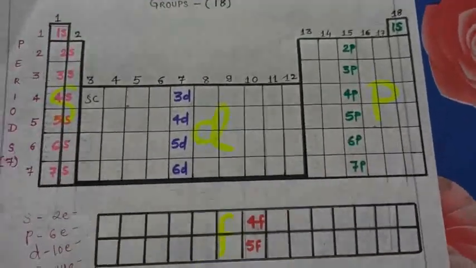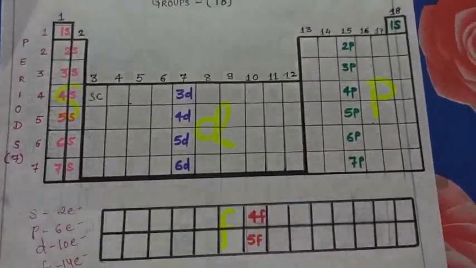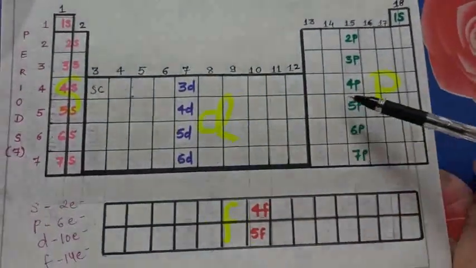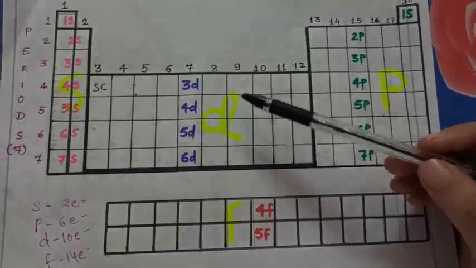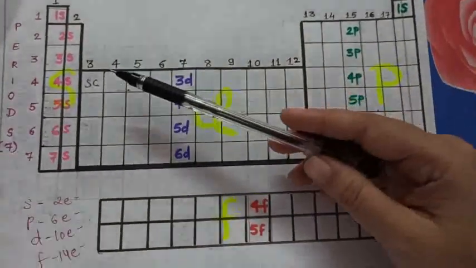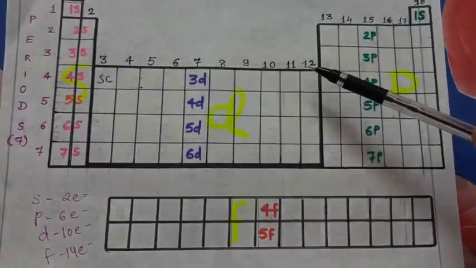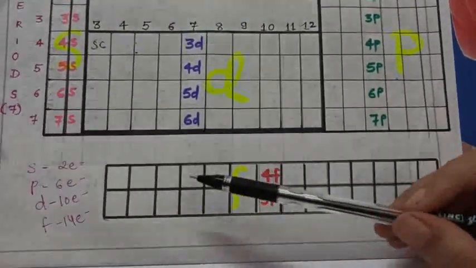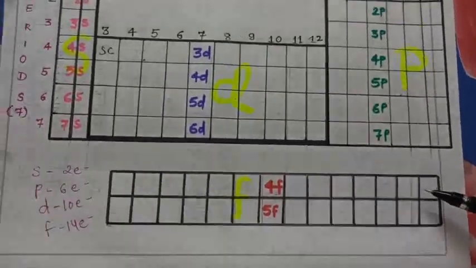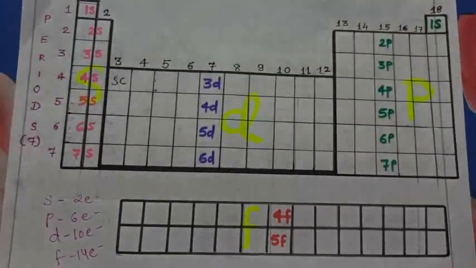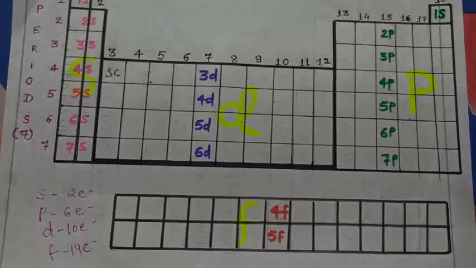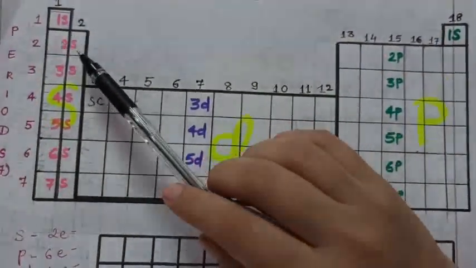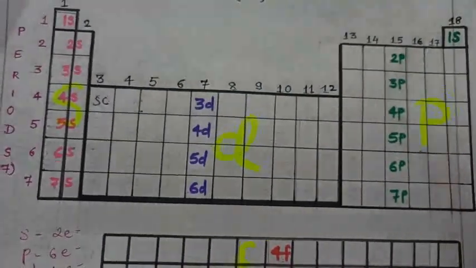I hope you have understood that there are a total of 4 blocks in the periodic table. The S block has 2 groups, the P block has 6, the D block has 10, that is 10 groups from 3 to 12, and F has 2 lines wherein each can accommodate 14 elements. One more thing is important: this follows the Aufbau principle completely.